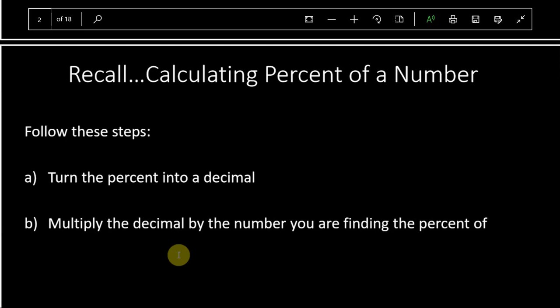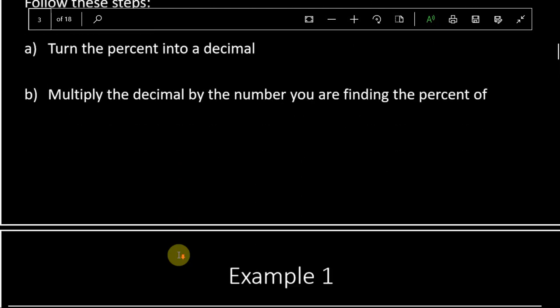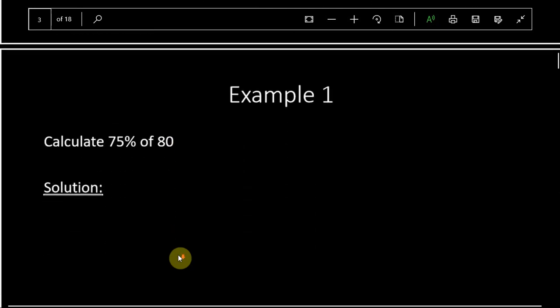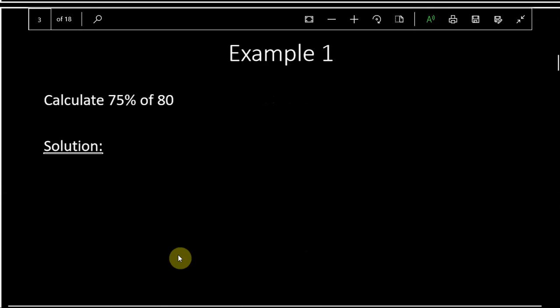That last little statement is kind of confusing, so let's look at an example. Example number 1. We are going to calculate 75% of 80. So we're finding a percentage of a number.